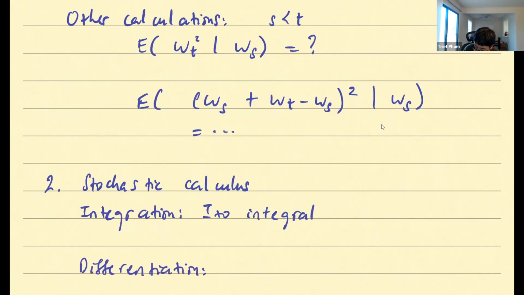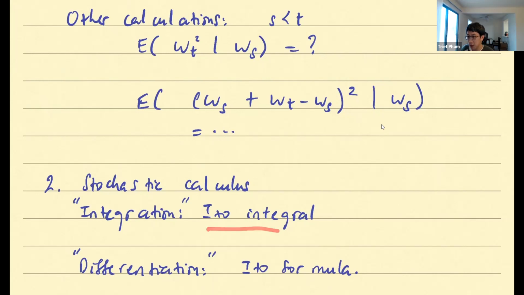Now let me put them in quotes because they're not necessarily what you understand as integration and differentiation in classical calculus. That falls under the name of Ito formula. So you have to remember and memorize Ito formula and apply it, because that will be the basis for us to do some other work later on.